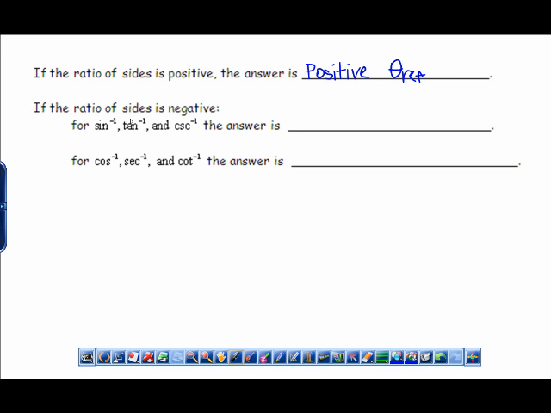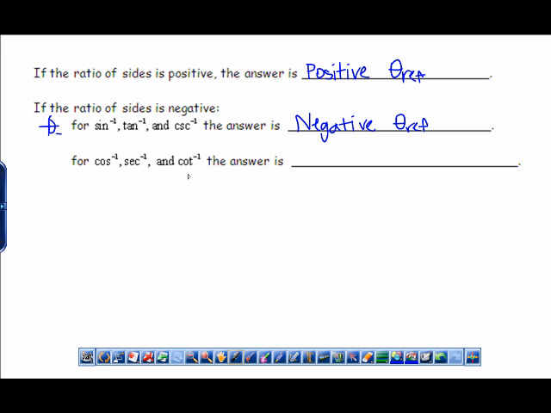But if the ratio of sides is negative for sine, tangent, and cosecant, or rather arc sine, arc tangent, arc cosecant, this is where, if you remember, we go from negative 90 to 90. So for negative, we go to quadrant 4. So the answer is just basically the negative reference angle. And the reason is because we can go to quadrant 4 the quick way by just going the opposite direction.